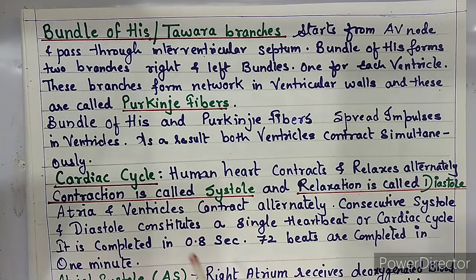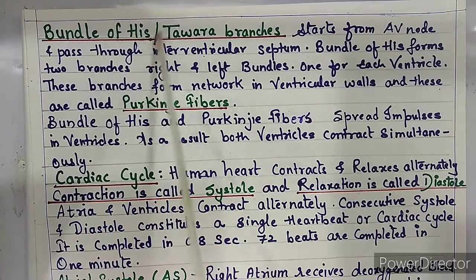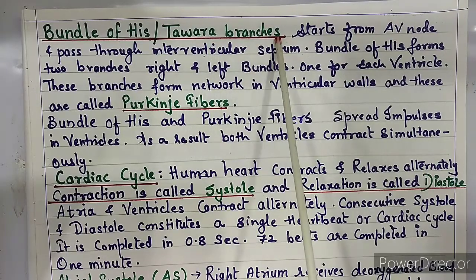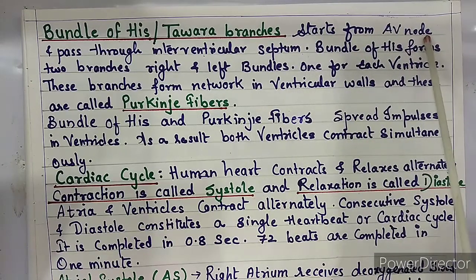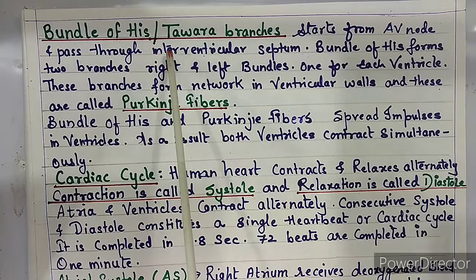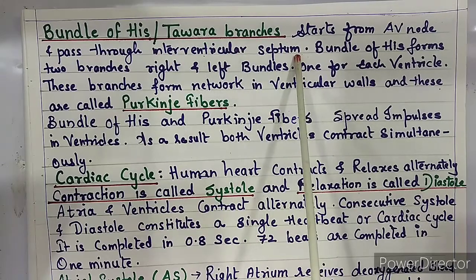So now children, the third nodal tissue is the bundle of His, also called Tawara branches. We have very recently seen them in the section of the heart. It starts from the AV node and passes through the interventricular septum.